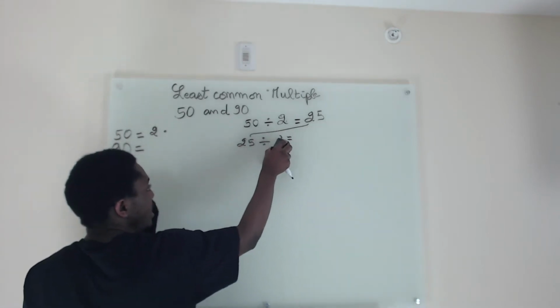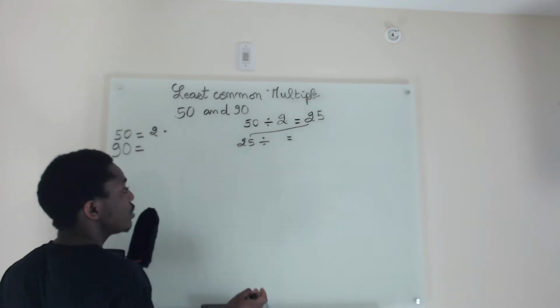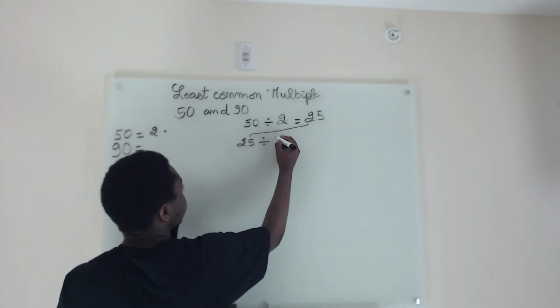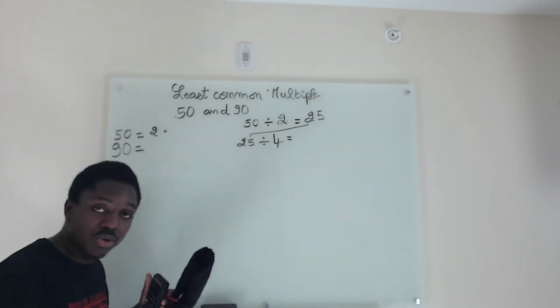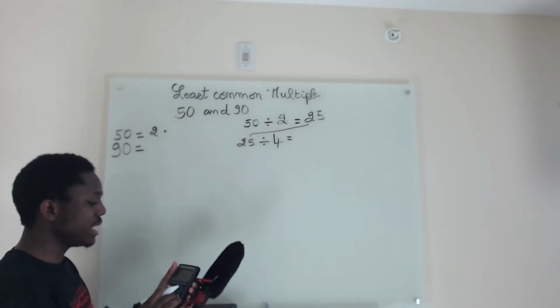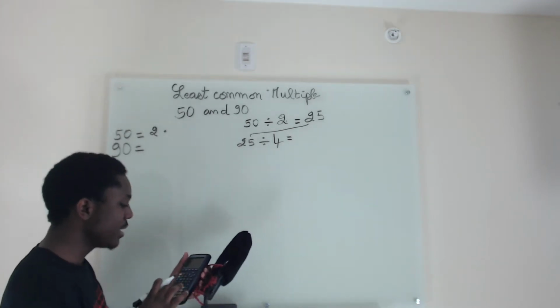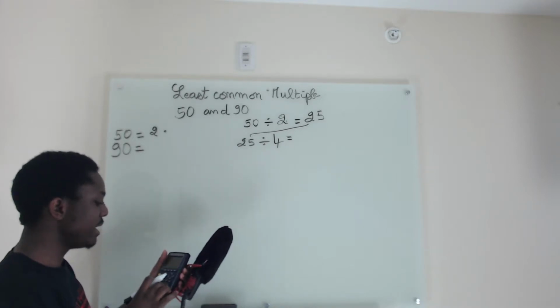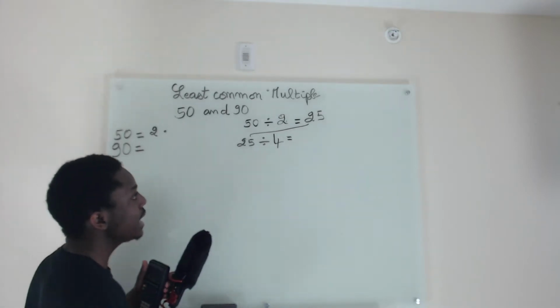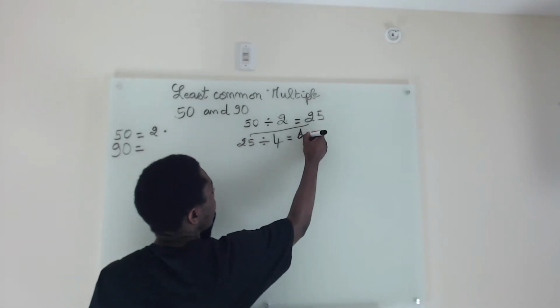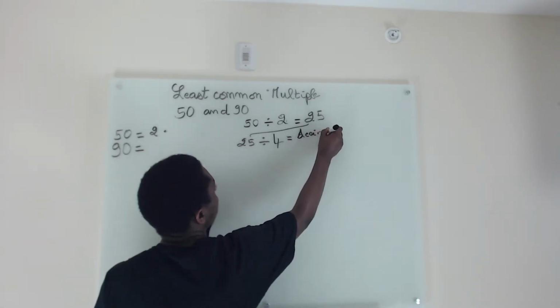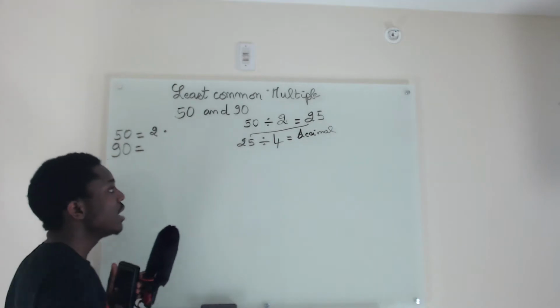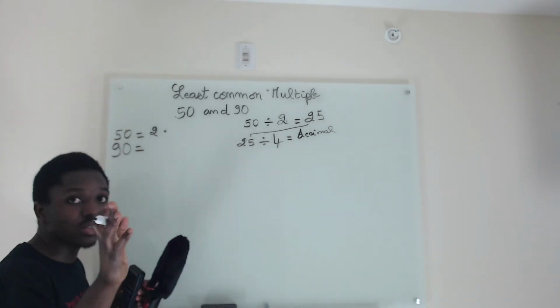After 3, the number that comes is 4. Then I take my calculator again and put 25 divided by 4. Again, the answer is a decimal number.